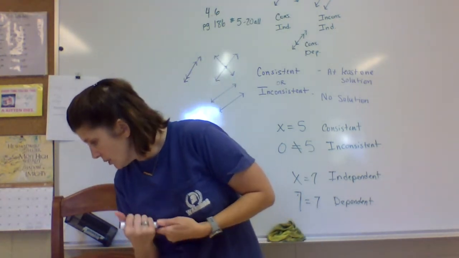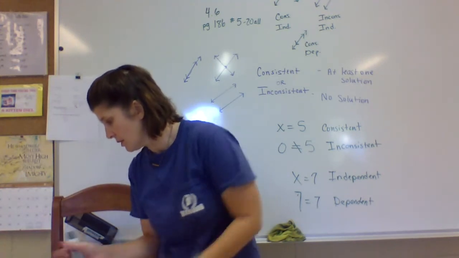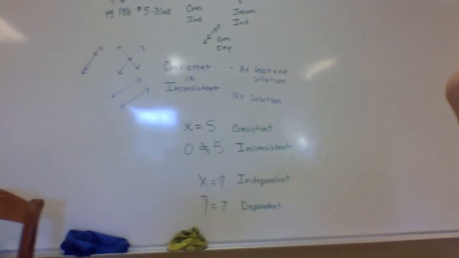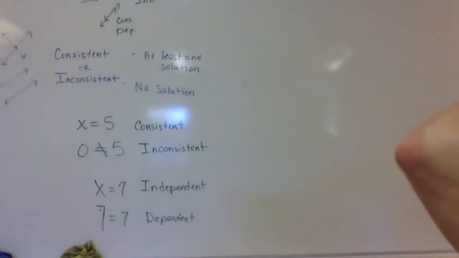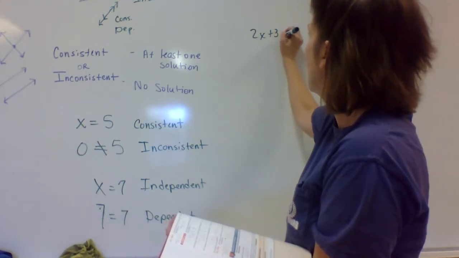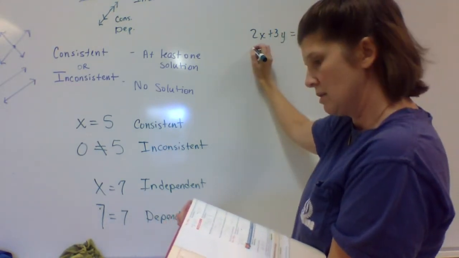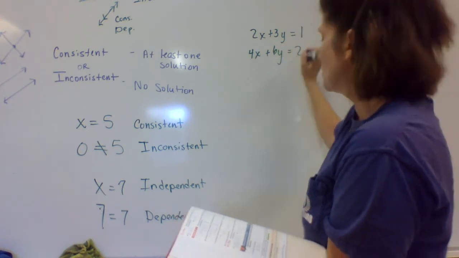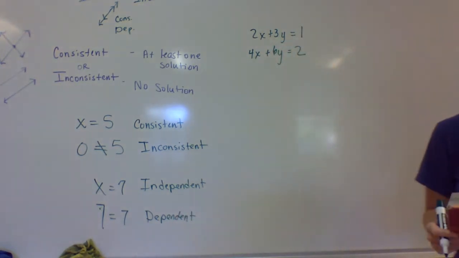Well, I want to try to do a little simple one. Okay, 2x plus 3y equals 1, 4x plus 6y equals 2. We can solve it however we want to.